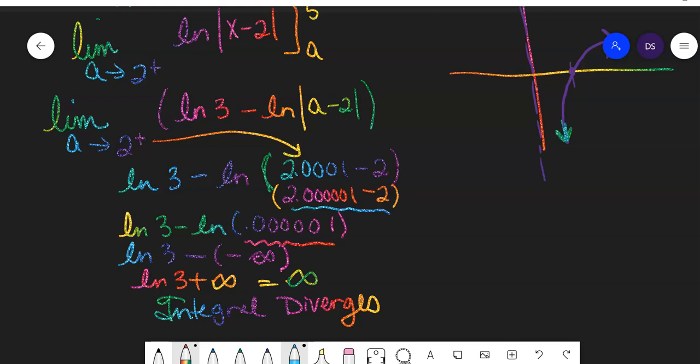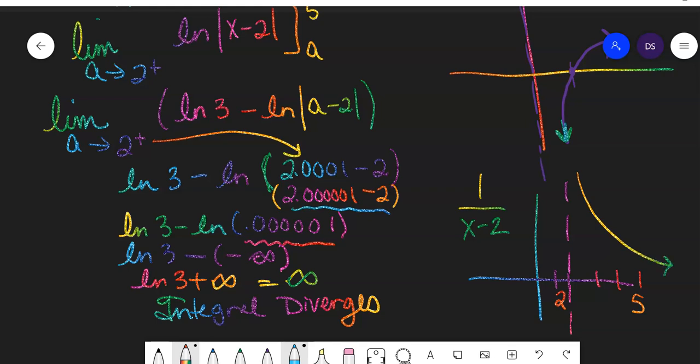And just to give you a graphic picture of what this would look like, 1 over x minus 2 is a rational function with a vertical asymptote at 2. And this says, I want to find the area underneath the curve from 2 to 5. That's what we were finding. So that's from here to here. Well, the graph part of it looks like this, the part we would be interested in.